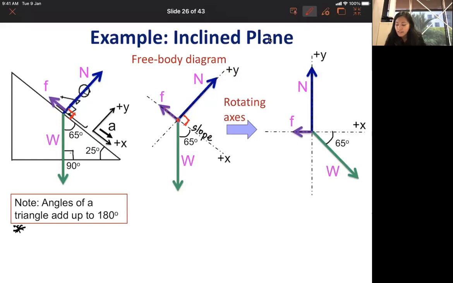Our free body diagram now shows a frictional force along the horizontal, a normal force along the vertical, and a diagonal weight force at an angle of 65 degrees relative to the x-axis.